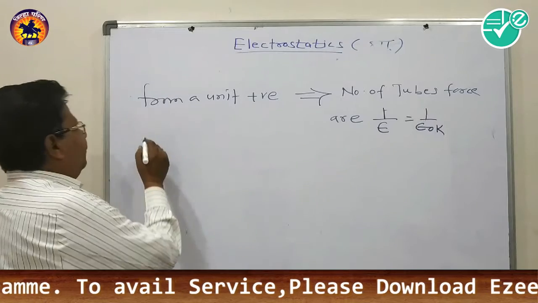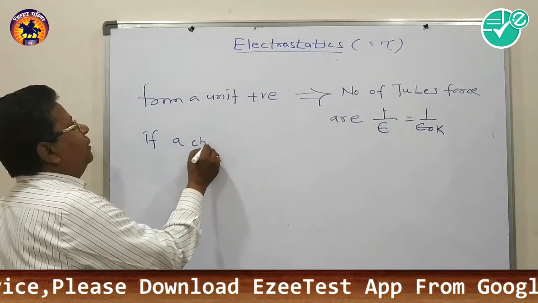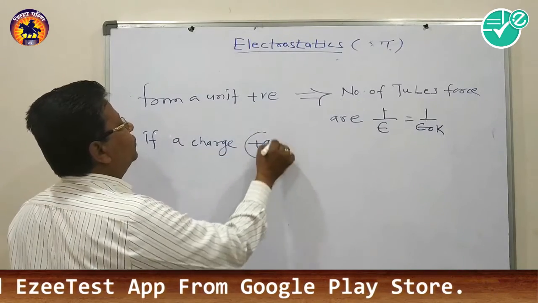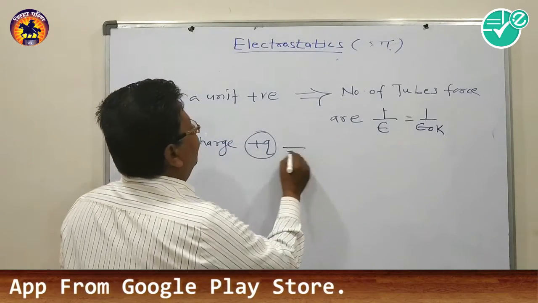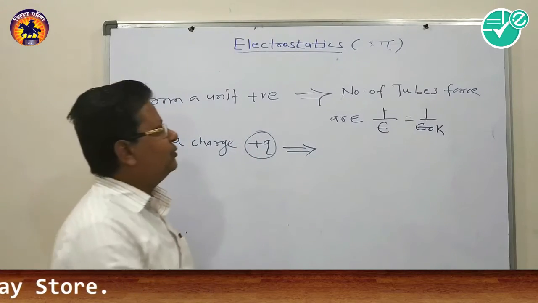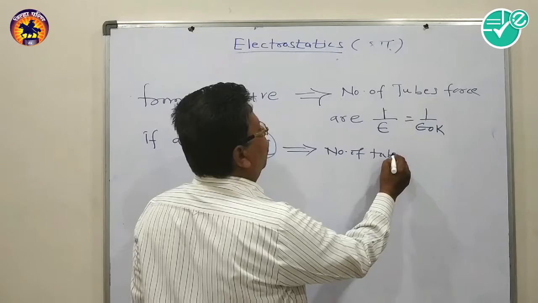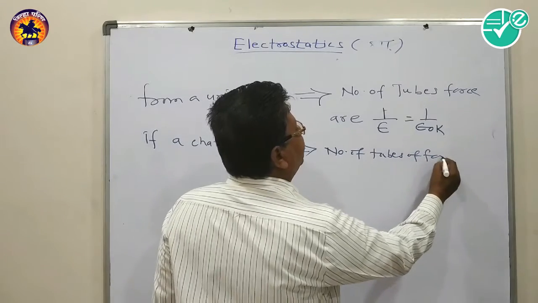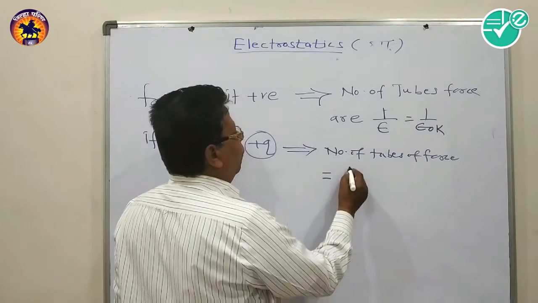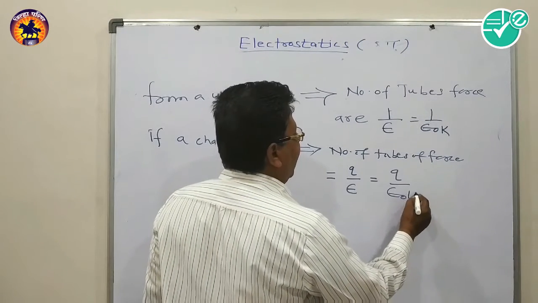If a charge is positive q, then from this plus q charge, the number of tubes of force originating is equal to q divided by epsilon 0 k.